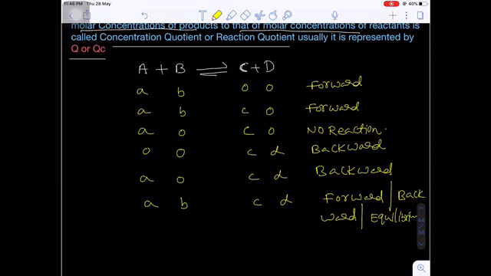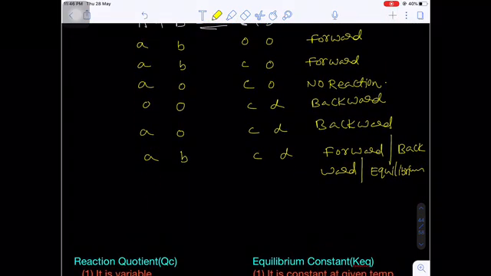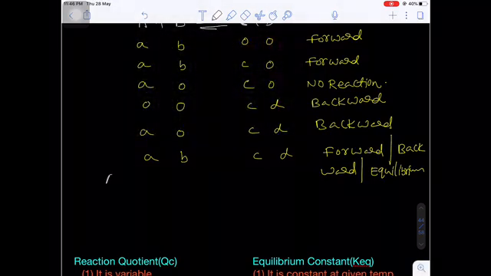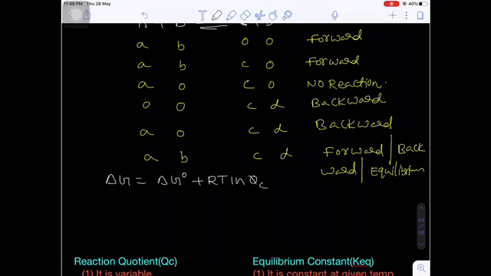Okay, now here, how to predict the direction of the reaction? How to predict the direction of the reaction? We know from thermodynamics, delta G is equal to delta G naught plus RT ln Qc, where Qc is called the reaction coefficient.